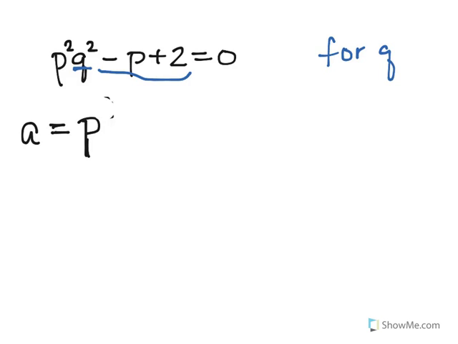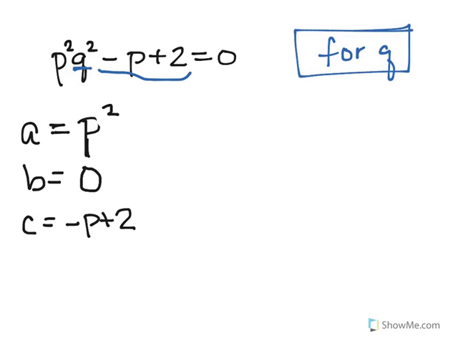B is whatever is multiplying times that regular Q term, and we don't have any regular Q term. So B in this case is a 0. C is whatever's left at the end, that constant, and in this case we have two pieces to that constant, everything that's not a Q. Because this problem says we're solving for Q, everything that's not a Q is just a number.